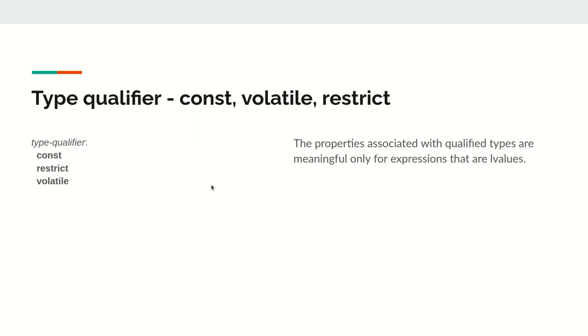If the identifier on the left-hand side is declared with the const type qualifier, then it is not possible to change the value of that identifier. We can't change the value of an identifier declared const.